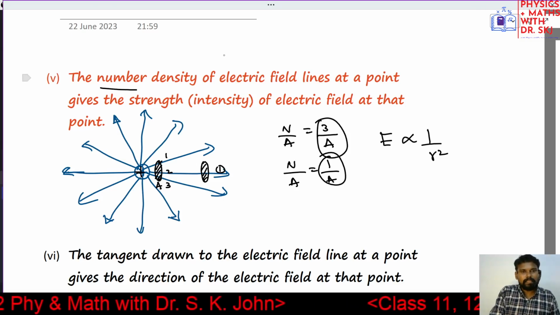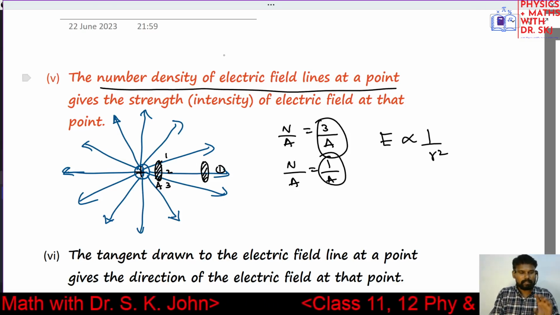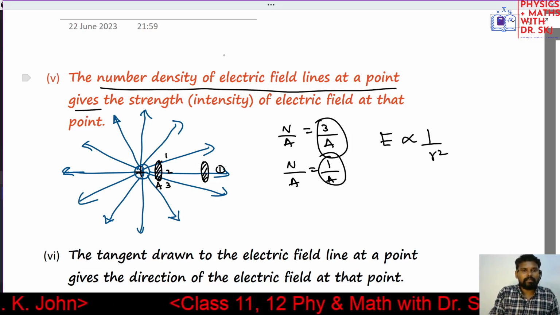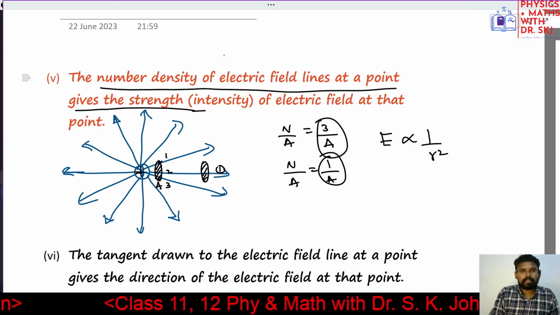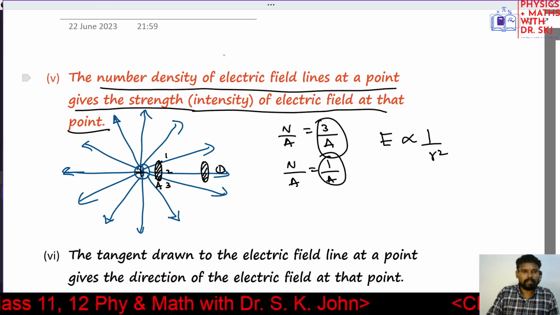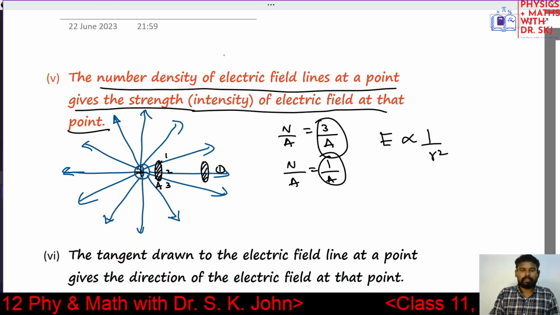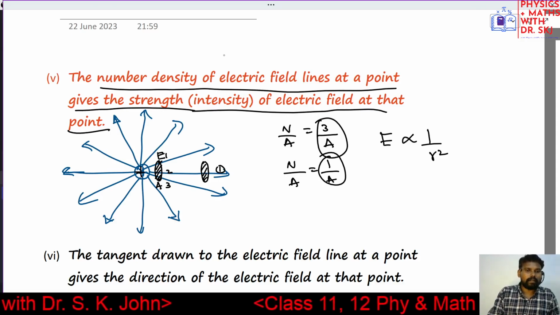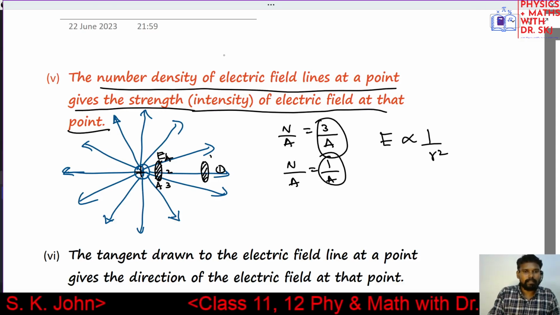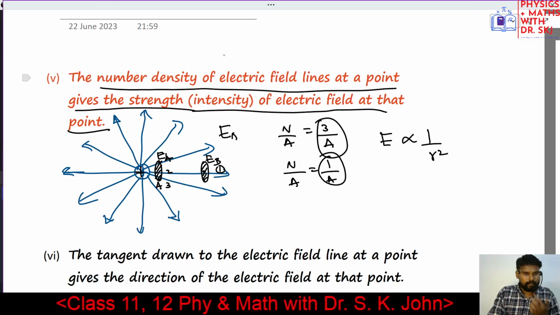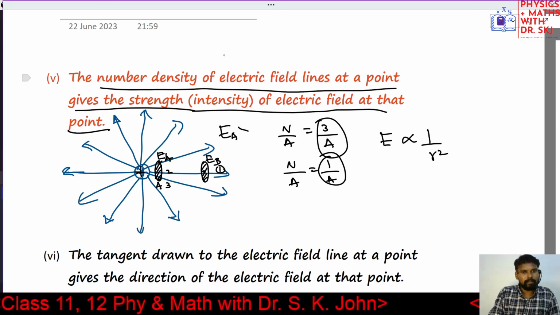The number density of electric field lines at a point gives the strength of the electric field. That means if the number density is high, you can say that the electric field is stronger at this point. Suppose it is EA and it is EB. Here, you can say that EA is greater than EB.